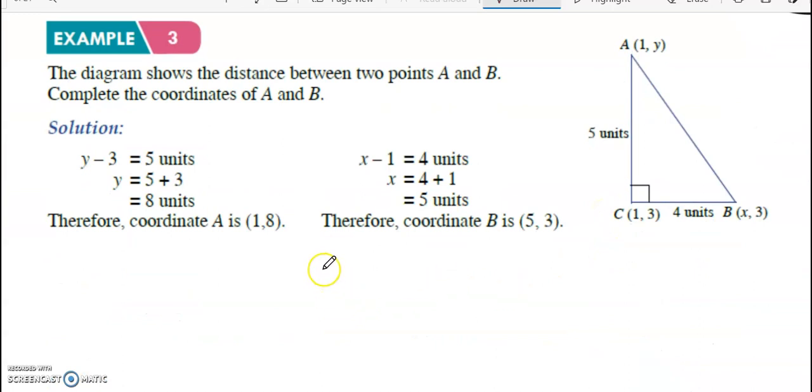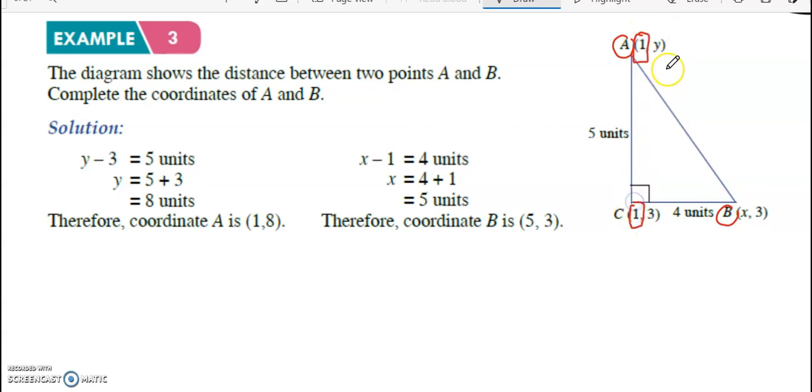Okay, so next we go to example 3. The diagram shows the distance between 2 points A and B. Complete the coordinates of A and B. Given that the vertical distance for AC is equal to 5 units, and the horizontal distance of BC is equal to 4 units. Kalau tengok kat sini, x coordinate dia sama.